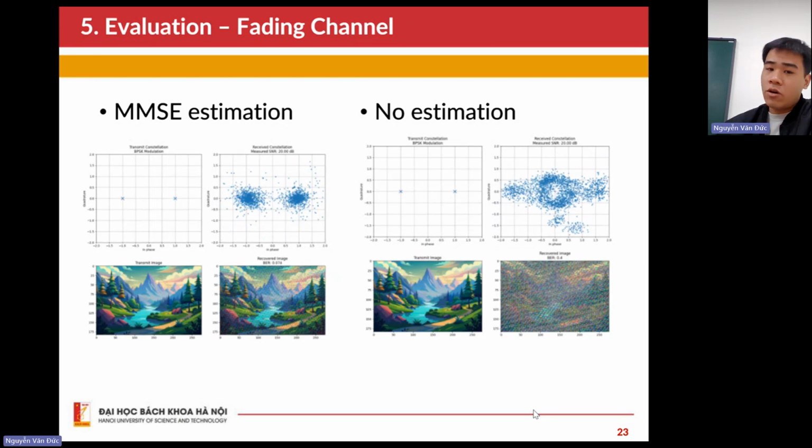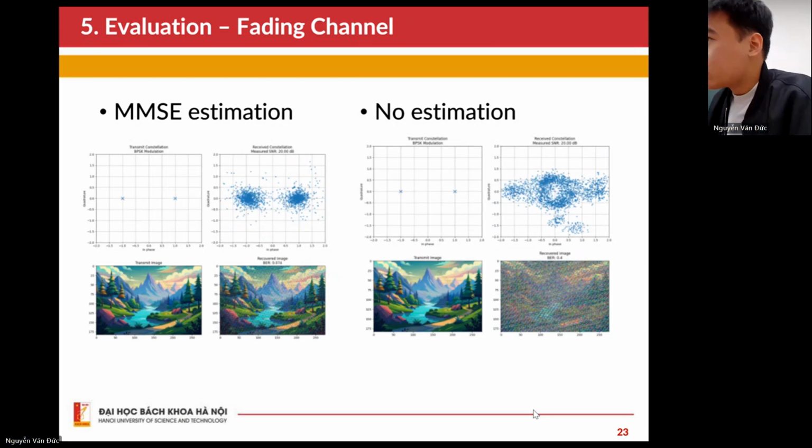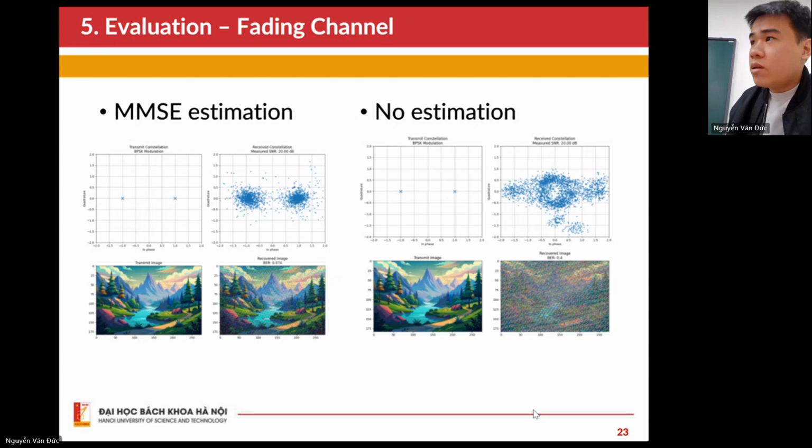With that, it's only 20 dB. I run the same code, but the recovered image here is quite good. I think it's about the input image maybe.